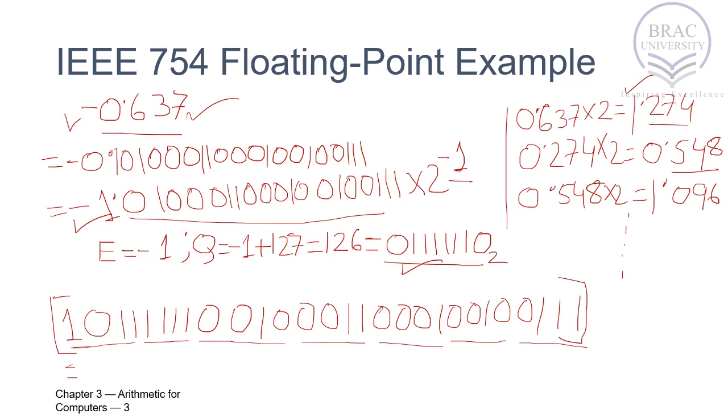Now this is 1011, which means this is B, and this one is F, this one is 2, this one is 3, this one is 1, this one is 2, and this one is 7.